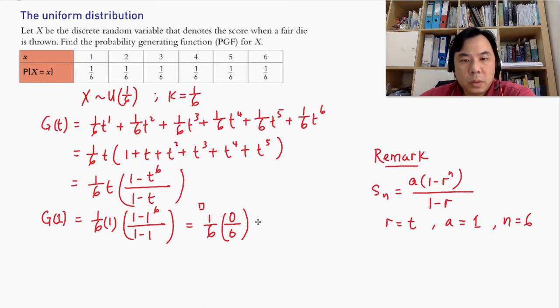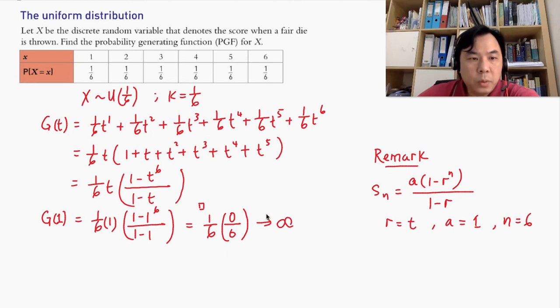That would be undefined. So what has happened here? We are not able to obtain the expected value of 1, because all probability distributions should have a sum of probability equal to 1 here. So what is going on now?